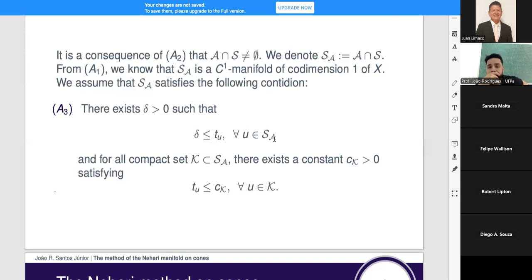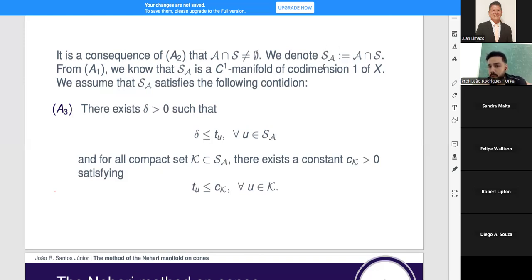Just a remark here. Since we have the hypothesis A2, we can prove that the intersection between the unit sphere and the open cone is non-empty. We can denote the intersection between the set A and the unit sphere as S_A.